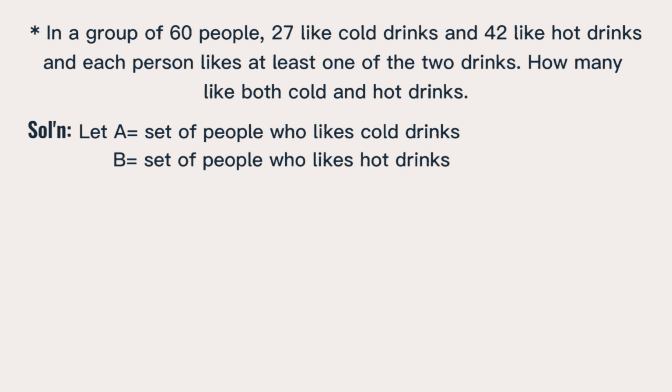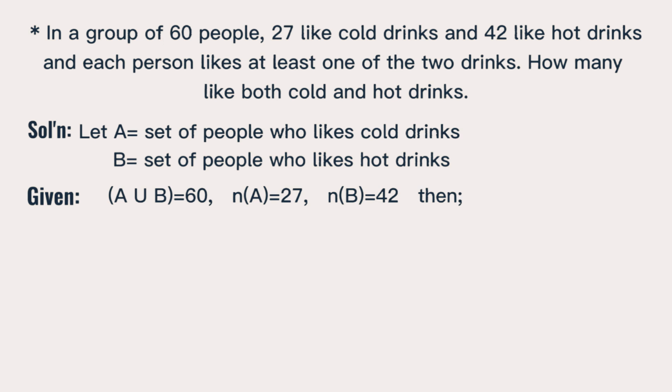Then, we will determine the given. The first given is a group of 60 people, and the second is a set of people who like cold drinks, which is 27, and the number of people who like hot drinks, which is 42.